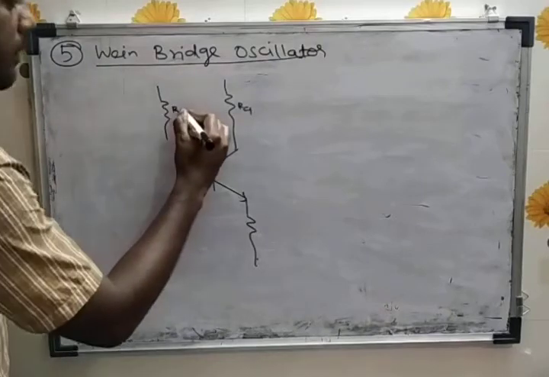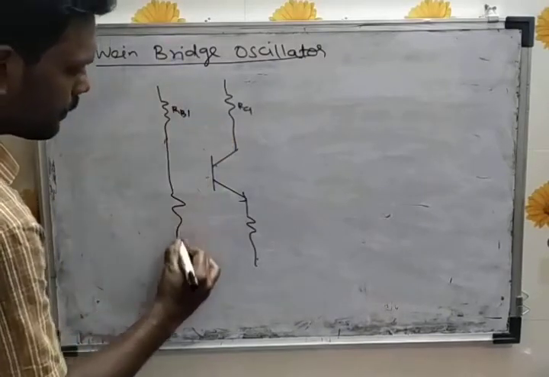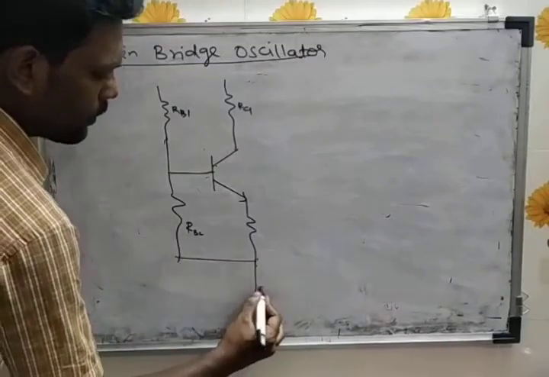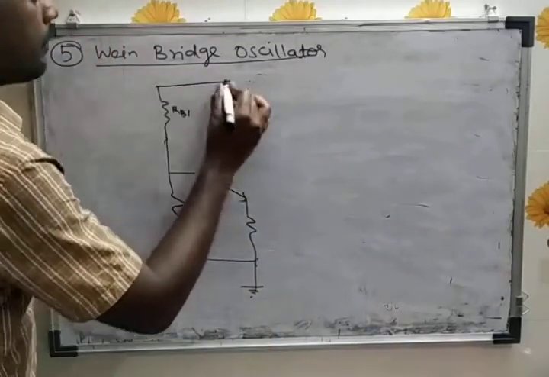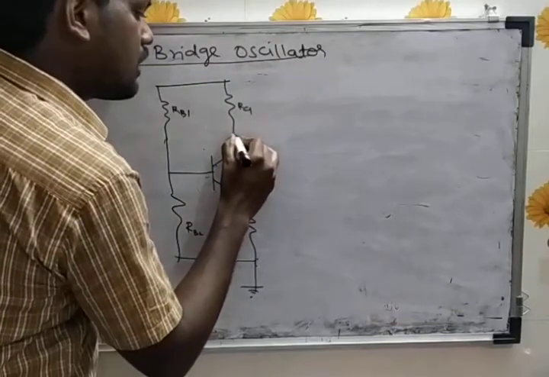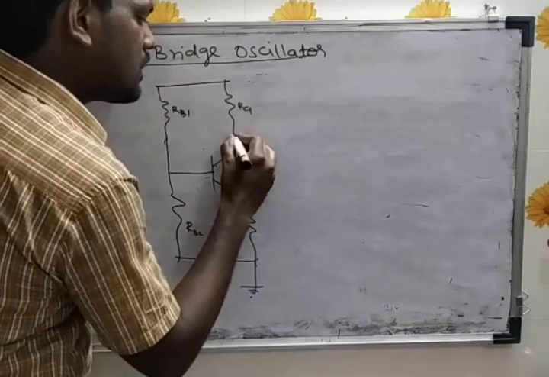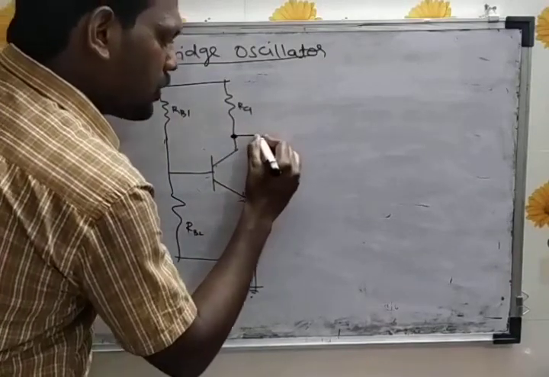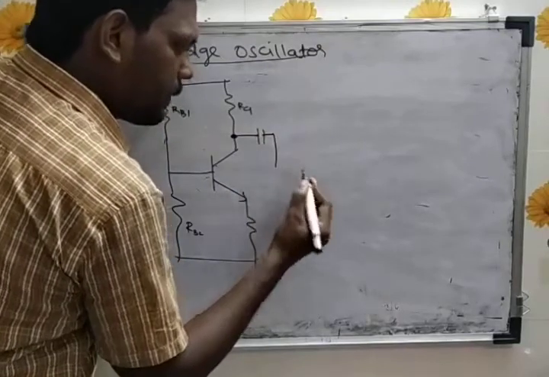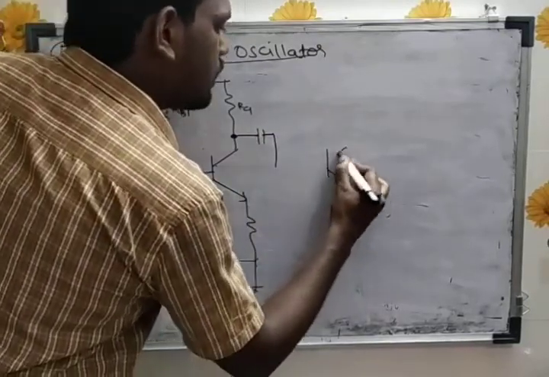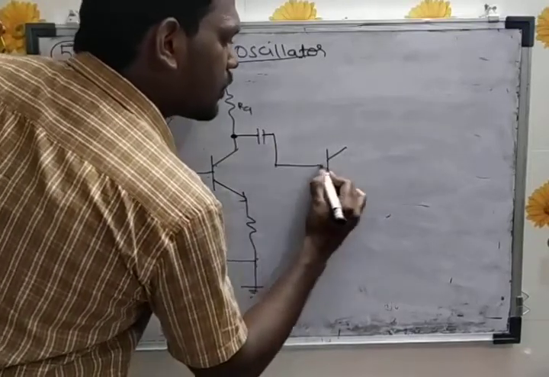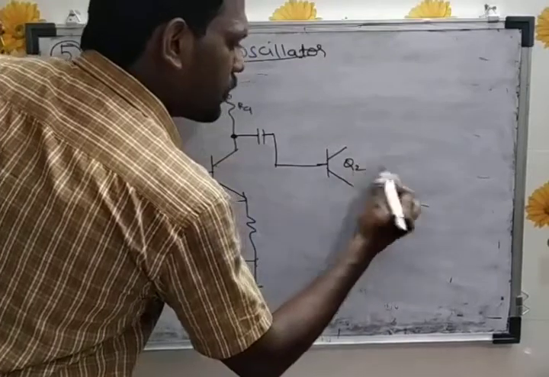So I am taking RB1 and RB2. The stage 1 output is coupled and given to the base of transistor Q2.